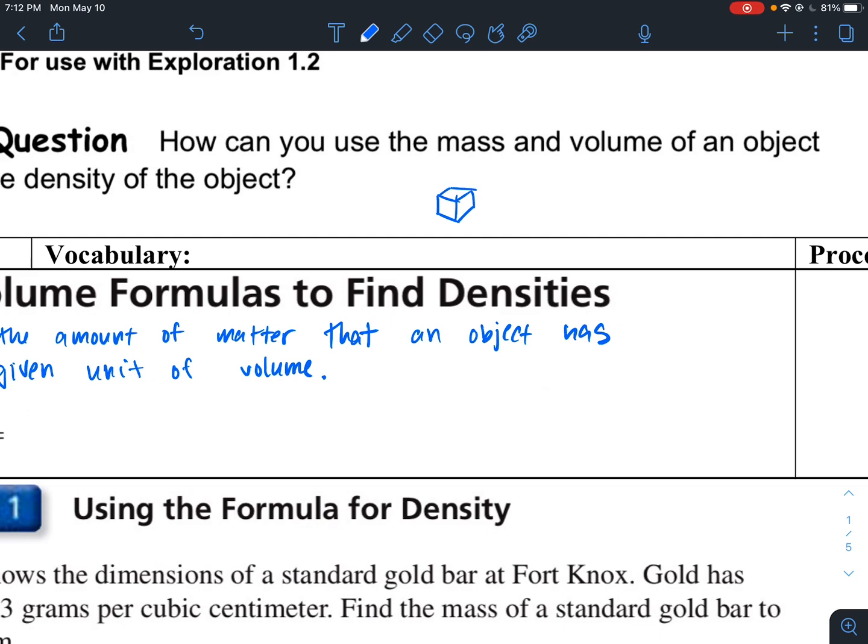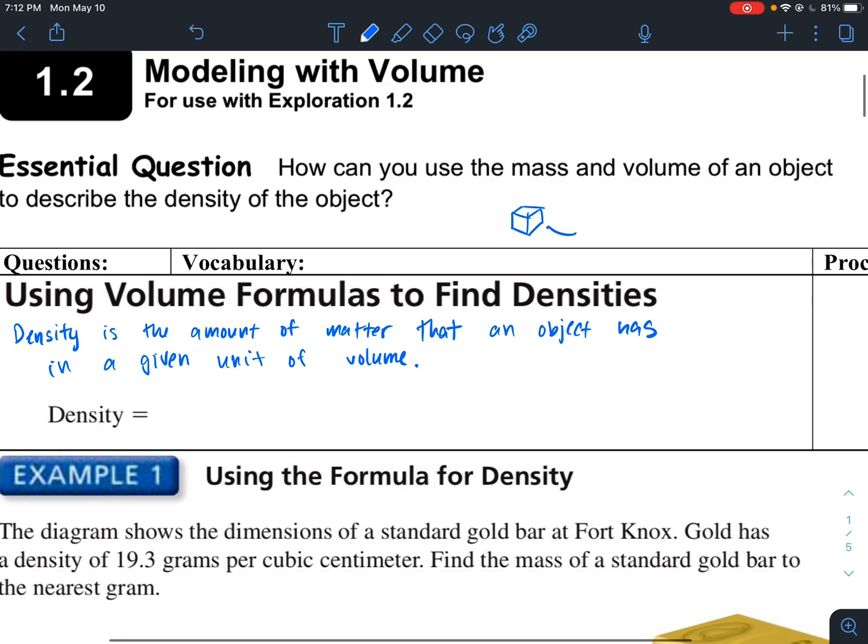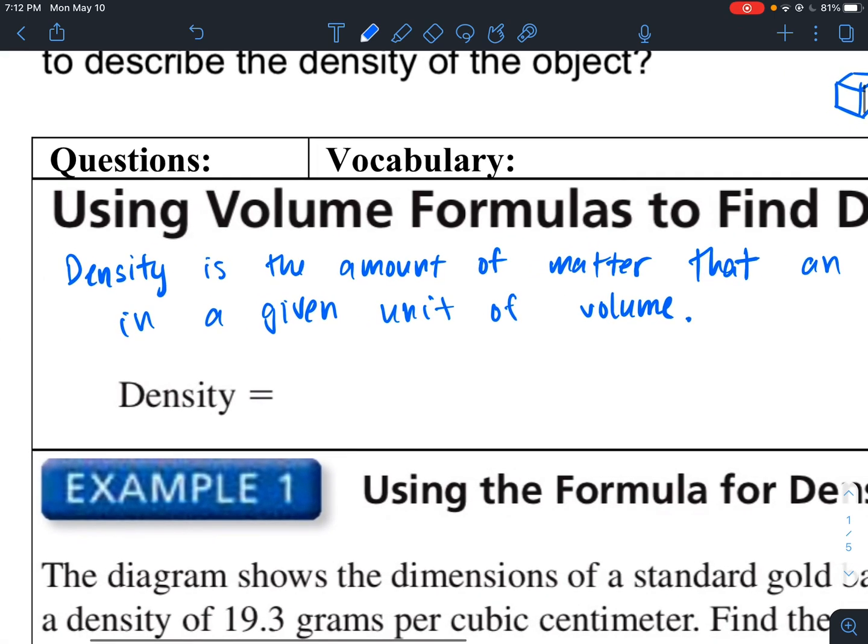in this cube, density tells us how much matter is in it, and matter we use as mass. So how much mass is in a given cubic unit. That's how we find density: we take the mass of an object and divide it by the volume of an object.